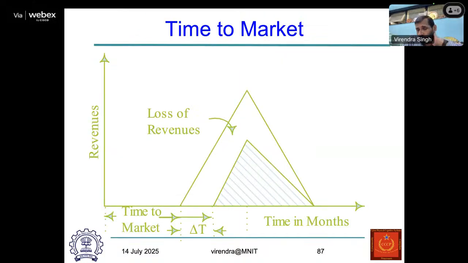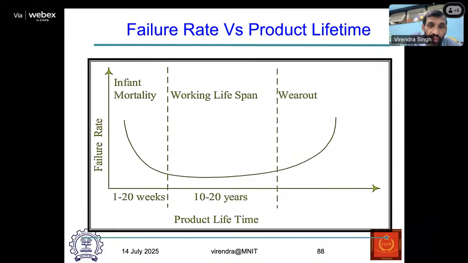Now, one important thing. If you look at the failure of devices, what happens once I manufacture them? Some devices are bad devices that we are likely to catch during testing just after manufacturing, but some devices are weak.